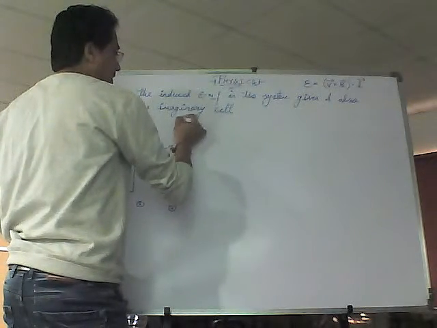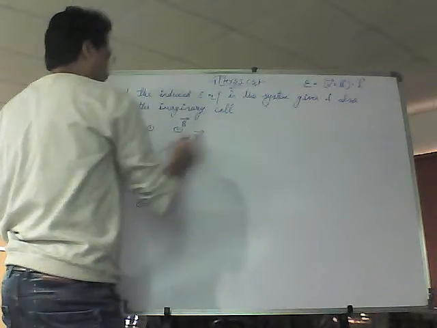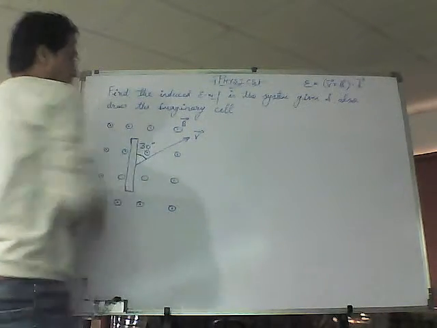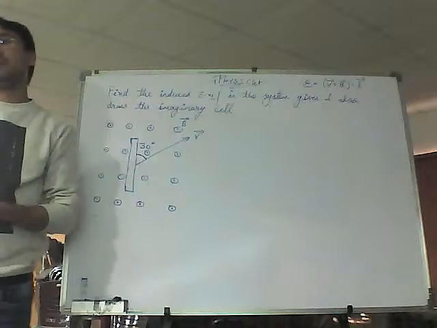This magnetic field B, it is being moved with a velocity V at an angle of 30 degrees, in such a way.